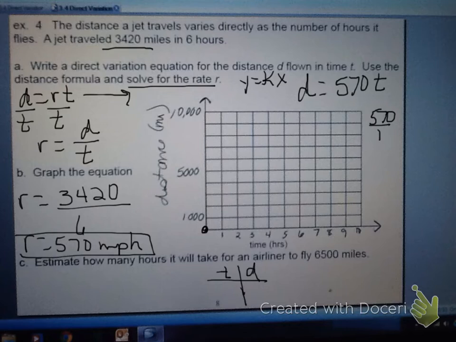Obviously we have (0, 0). I'm going to skip and do 5. So I'm going to multiply 570 times 5, and I get 2,850.